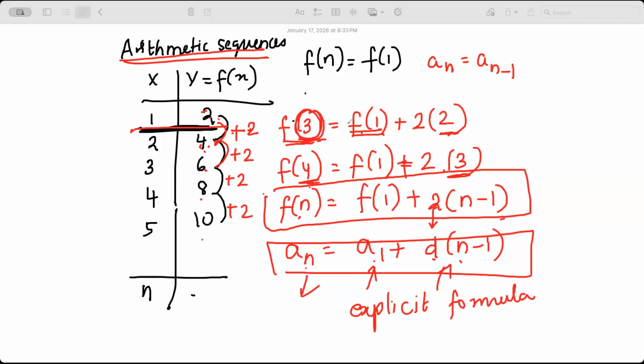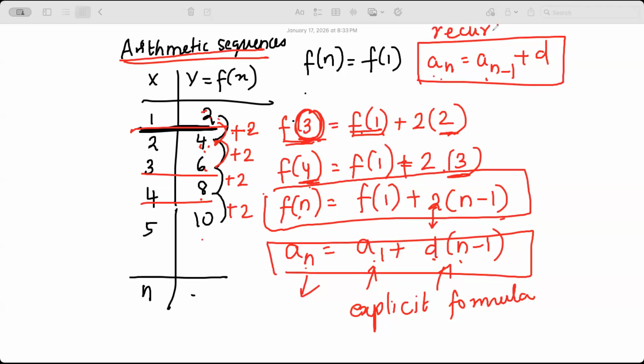I want to find the fourth term. What will I do to the third term to get the fourth term? Just add the common difference. That's it. So, if you have a term and want to find the next term, you use the recursive formula. If you have the first term and you want to find the nth term, you go with the explicit formula. Any questions?